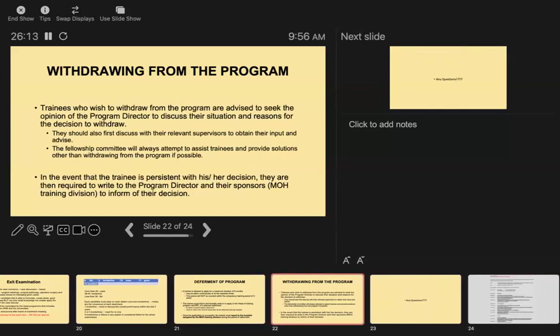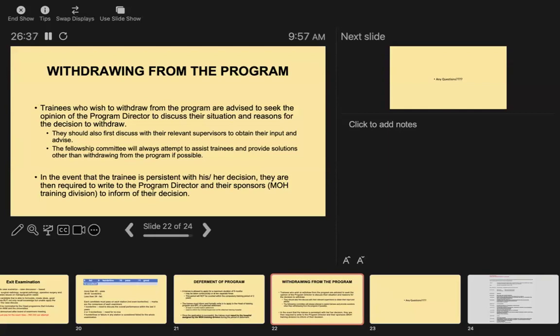Okay, kadang-kadang dalam 3 tahun ada yang tiba-tiba nak keluar daripada program. So, trainees who wish to withdraw from the program, first minta pandangan dulu sebelum isi borang. Okay, jumpa head of service, saya nak keluar, saya ada masalah bla bla bla ni, dan bagi tahulah kenapa.